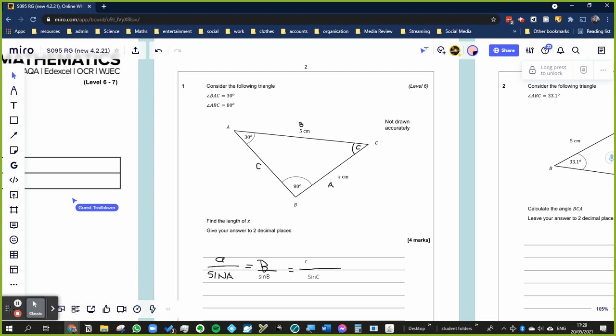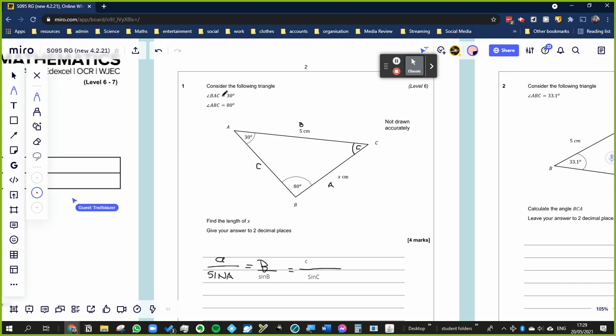Okay, so we've got a triangle here. They've been a little bit nice to you because they've labeled A, B, and C as the corners. Oh, okay, well then they've used this kind of notation. So BAC is essentially what A would be using the sine rule and the cosine rule, and ABC would be whatever we call B. When you label the sides, you want to use lowercase letters, otherwise you're going to get confused.